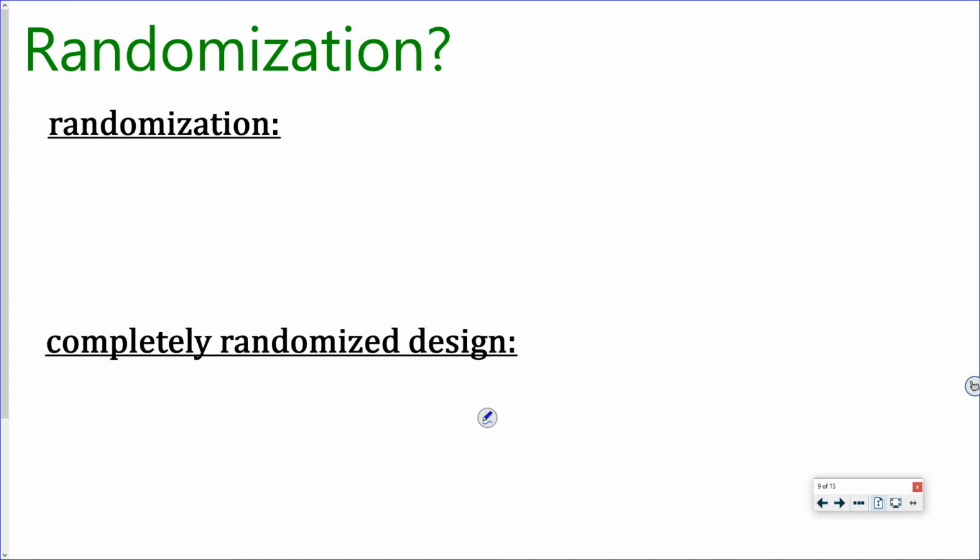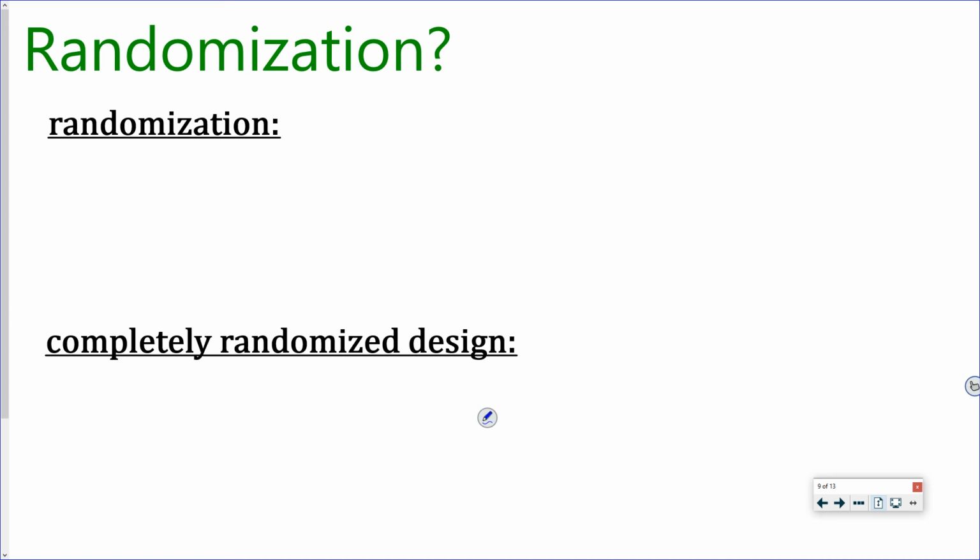Our focus today is randomization. We've been talking about this a little bit when we are conducting experiments, and we want to randomly assign our groups instead of creating bias if we're grouping the people ourselves.